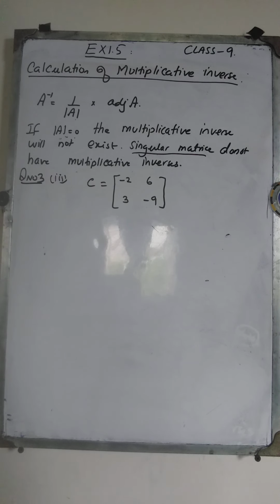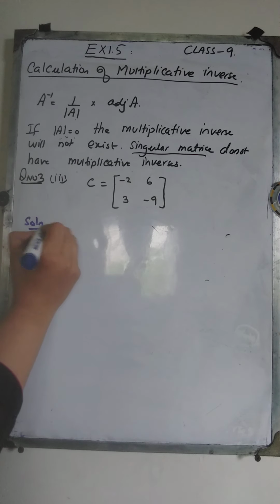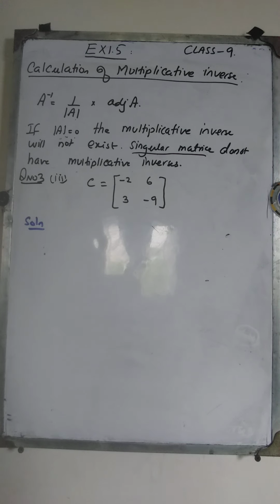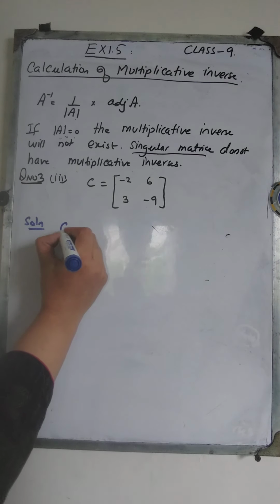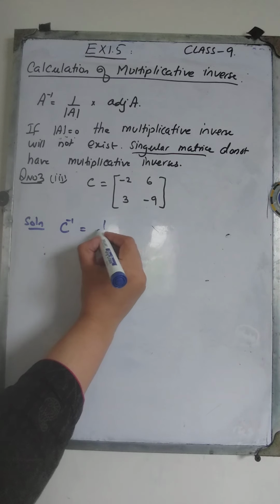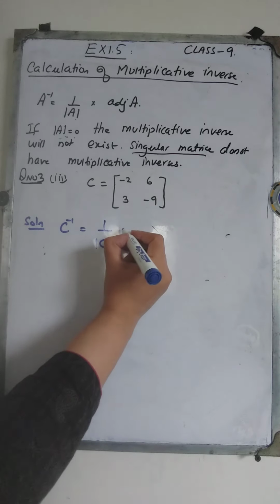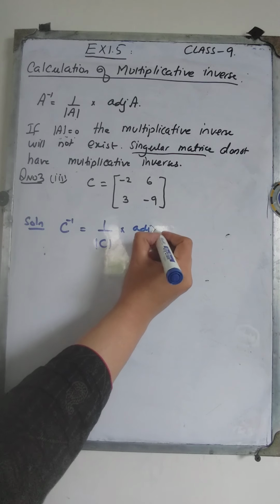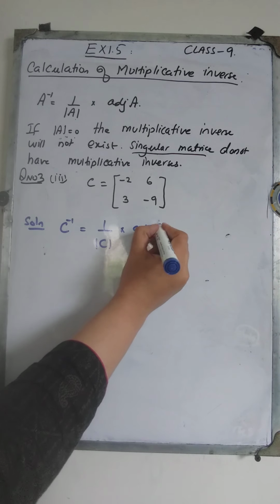In order to find its inverse, the formula will be C inverse, or multiplicative inverse of C, will be 1 over determinant of C into adjoint of the matrix C.